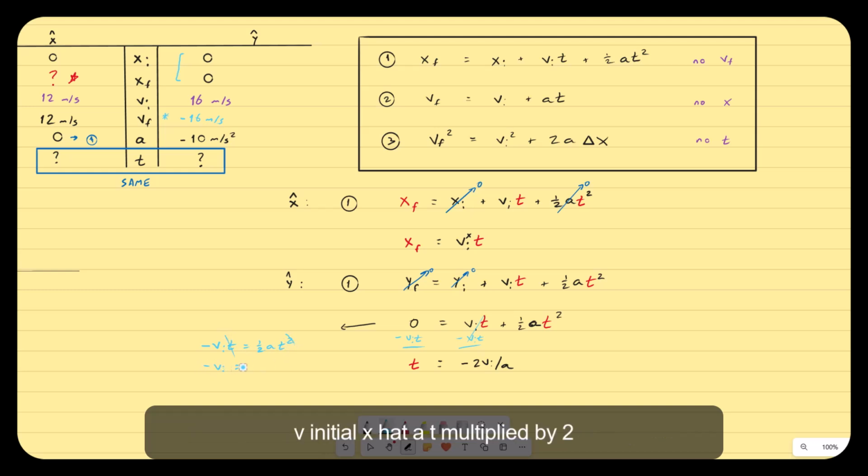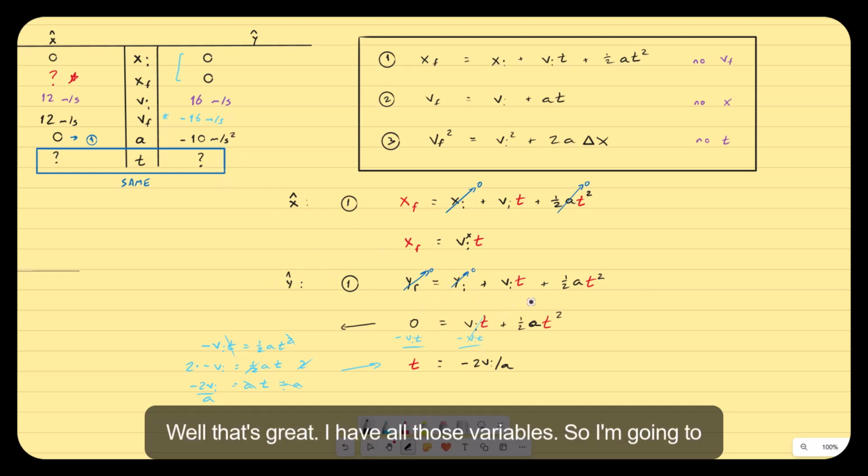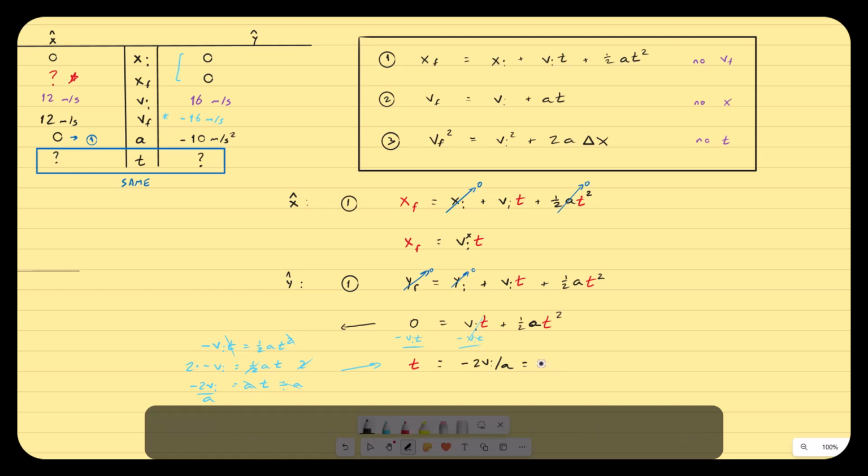Negative v initial equals half a t. I'm going to multiply by 2. And then I'm going to divide by a. And that leaves me with t equals negative 2 vi over a. Well, that's great. I have all those variables. So I'm going to plug in negative 2 times v initial divided by the acceleration.